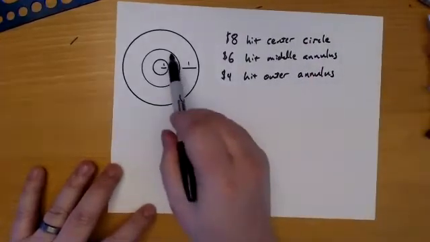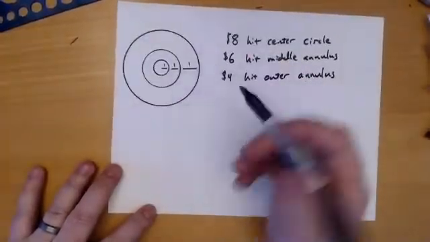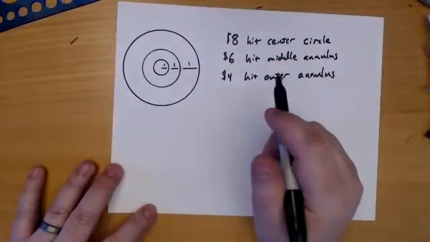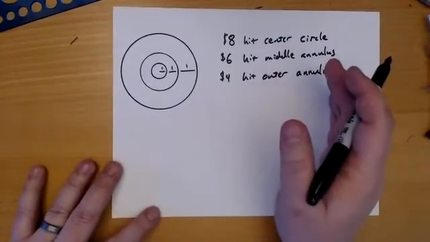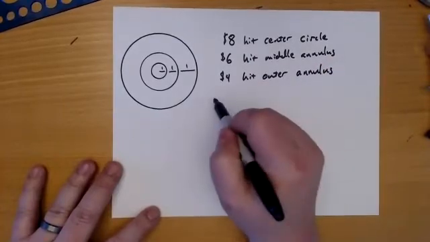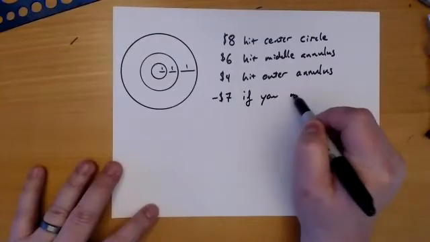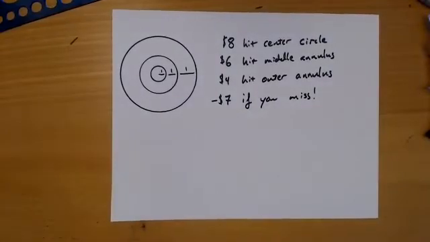An annulus is the area between 2 concentric circles, like the middle region here without the center. However, should you miss the dartboard altogether, you lose $7. The probability that a player misses the dartboard altogether is 1/2.